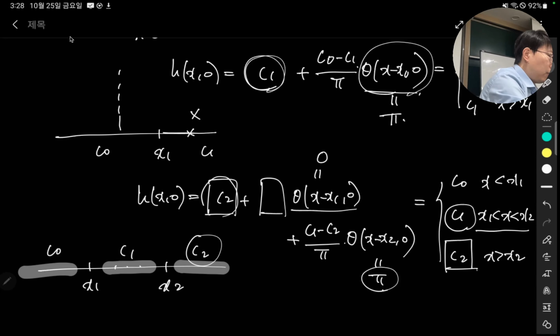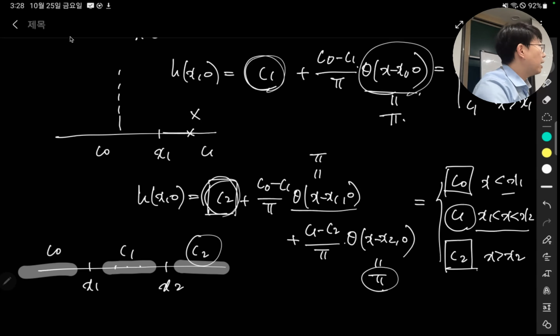Now, I want C0 when x is less than x1. In this case, every theta becomes pi. So still I have combining the C2 part and this part becomes C1. So what I want here is theta, not theta, C0 minus C1. Then I get the C0 when x is less than x1.